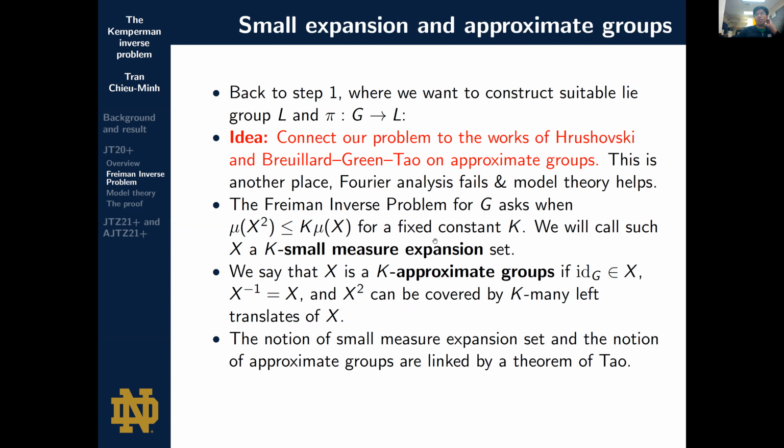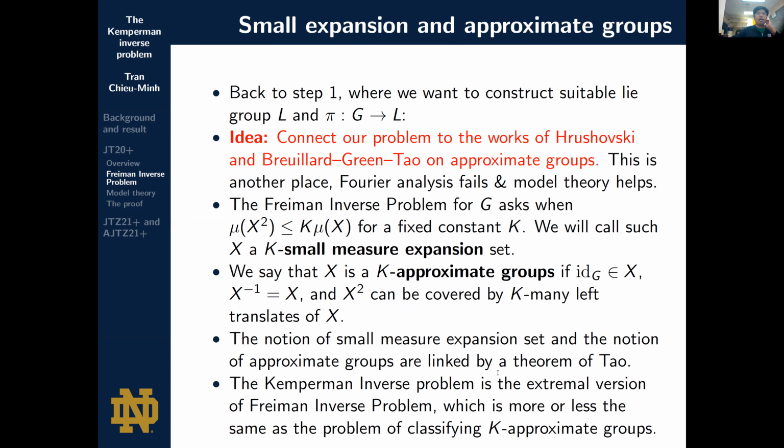So if you have a small measure expansion set, you can produce a closely related K-approximate group. Because of that, in some way, we can think of the Kemperman problem as the extremal version of the Freiman inverse problem, which is more or less the same as the problem of classifying K-approximate groups.